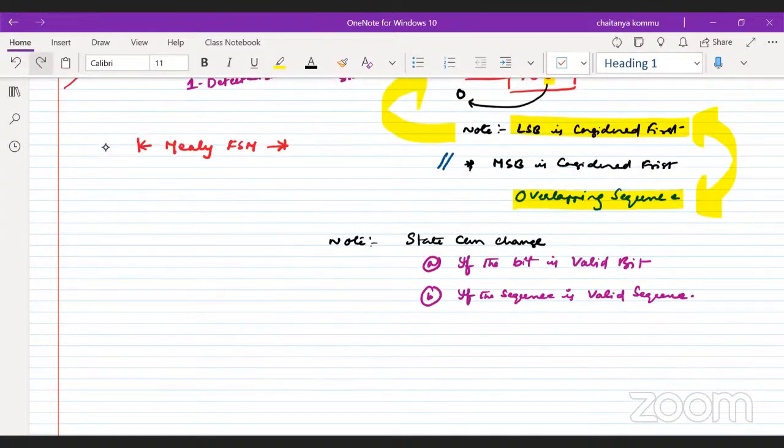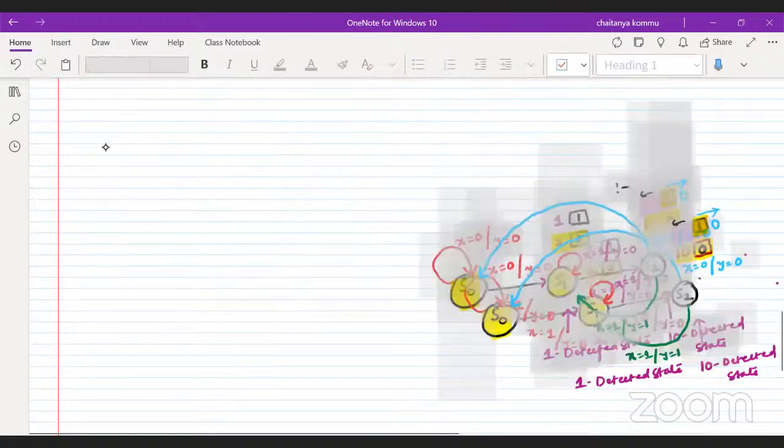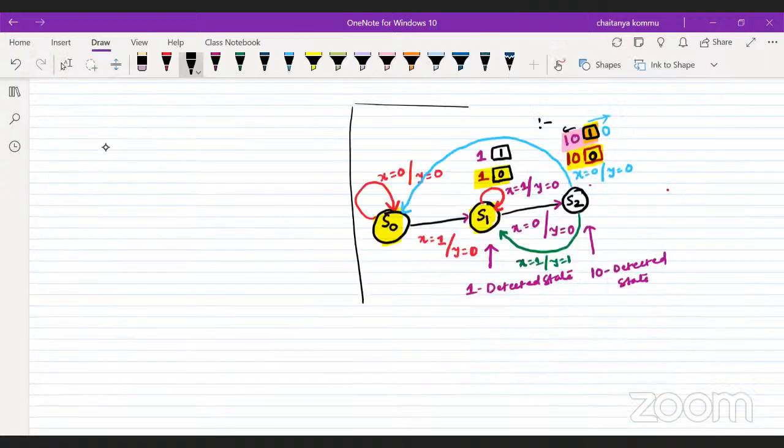So this is called the memory part. This represents the combinational part, and this represents the memory part.